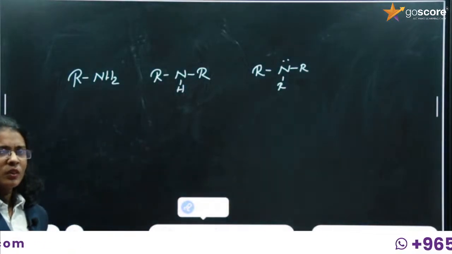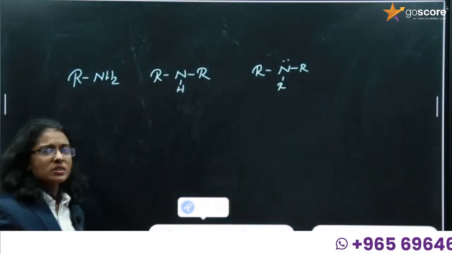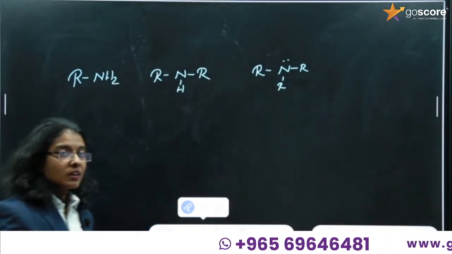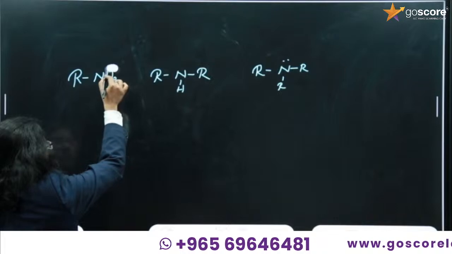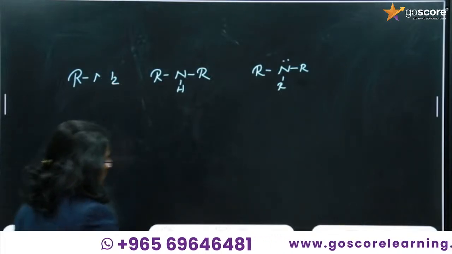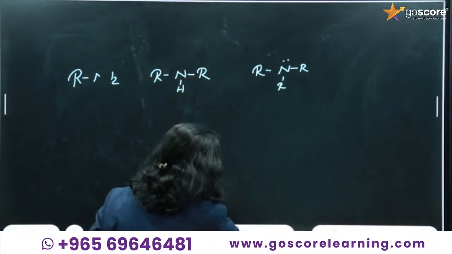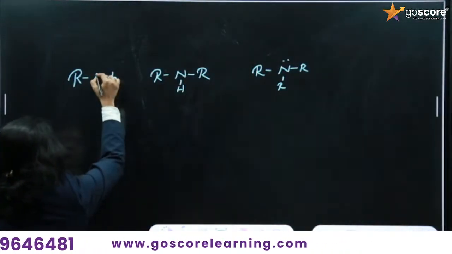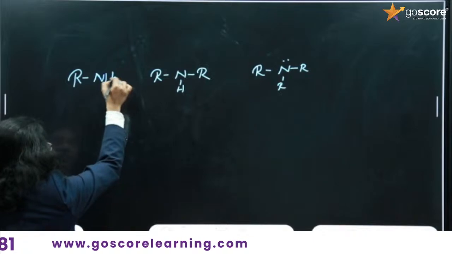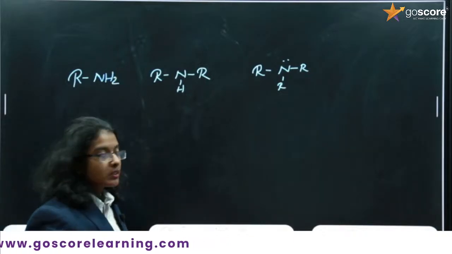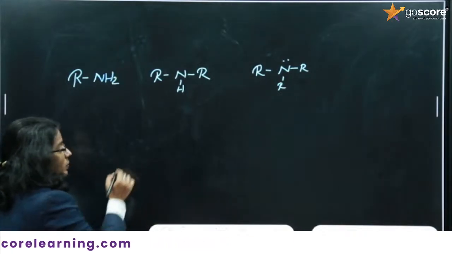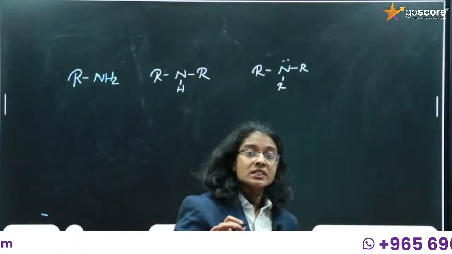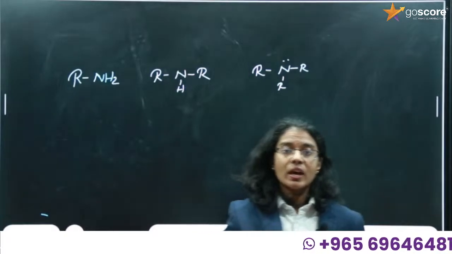How will you determine whether the compound is a primary or secondary amine? Depending on the number of hydrogen atoms present on the nitrogen. So here the basic character of amine can be explained in terms of Kb value and pKb value.